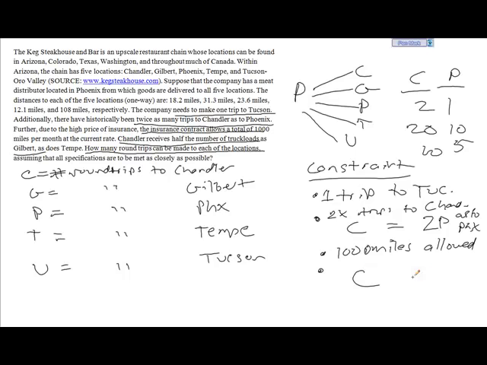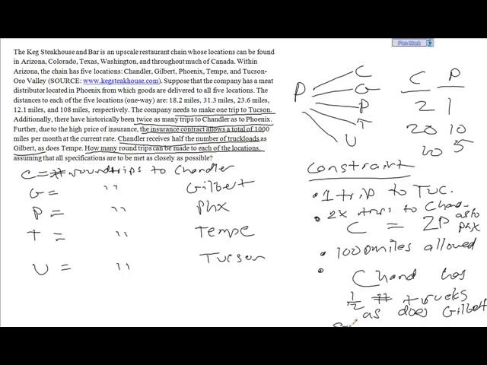So again, we're going to write out: Chandler has half the number of trucks as Gilbert. It also says as does Tempe. So Tempe has the same relationship with Gilbert.